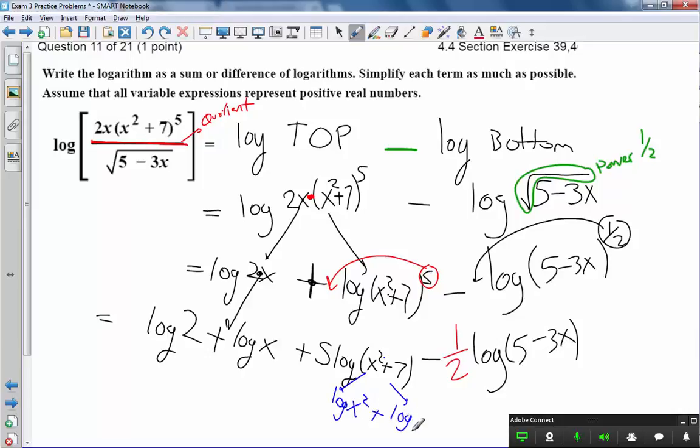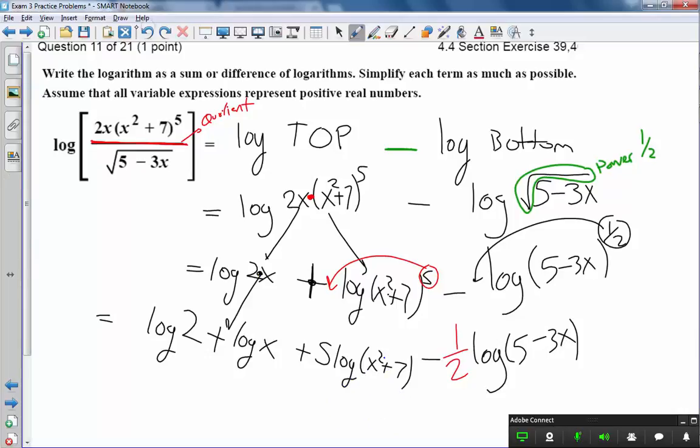Can I separate x squared and 7 like this? Is there an addition law like this? No, there is no such addition law. You cannot separate additions or subtractions. Only products or divisions, yes. So I think this is all.